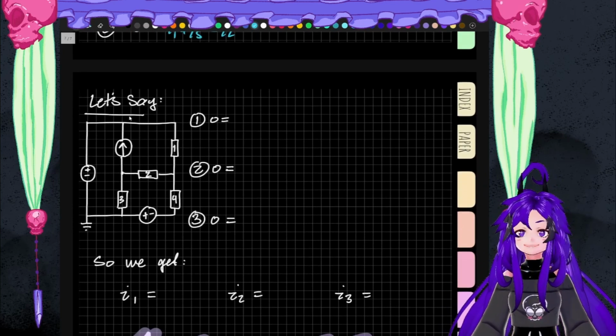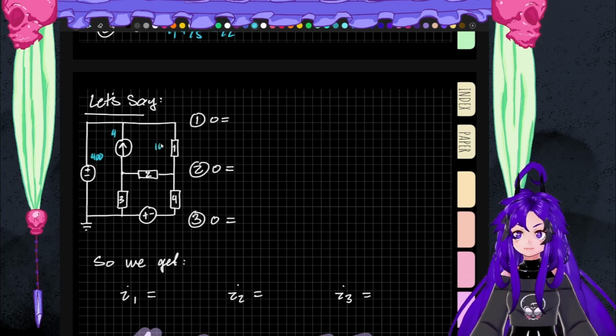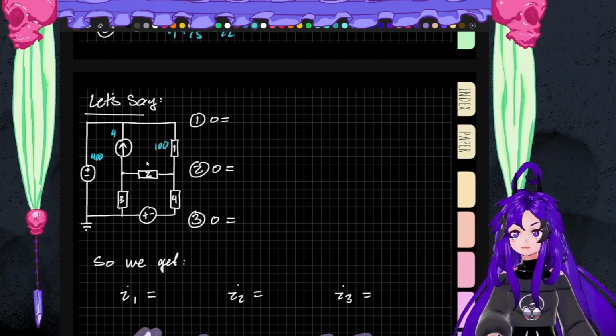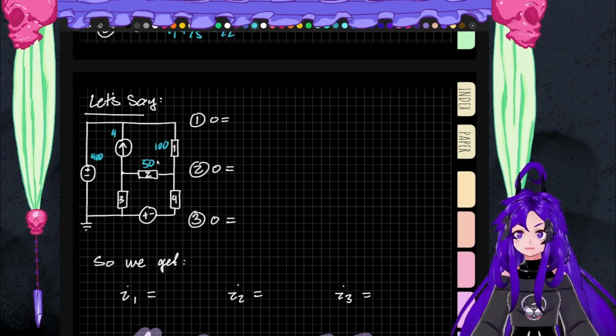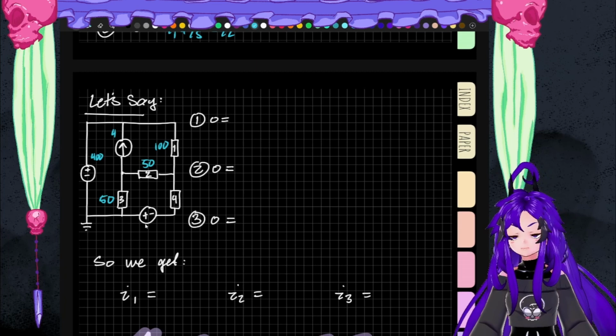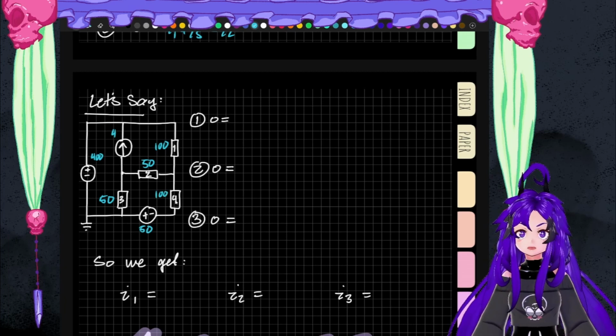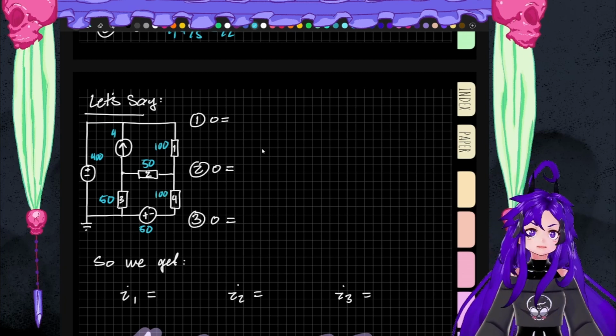So let's say we have these values. Let's say that this source is 400 volts, this current source is 4 amps, resistor 1 is 100 ohms, resistor 2 is 50 ohms, resistor 3 is also 50 ohms. This voltage source down here is 50 volts, and resistor 4 is 100 ohms. Let's just rewrite the equations.